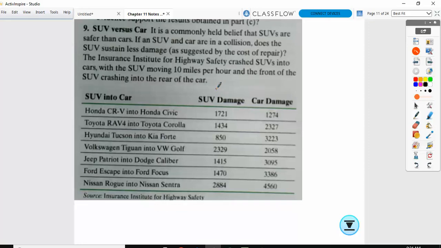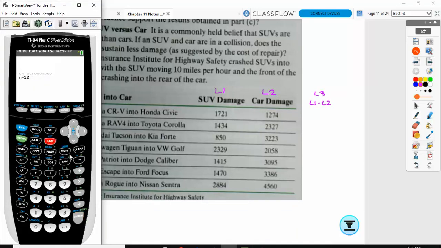We are going to put the SUV as our L1, the car as our L2. What would L3 be? Okay. So go ahead and do that for me.